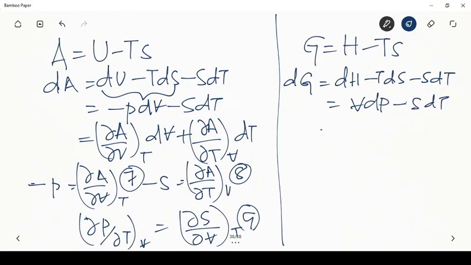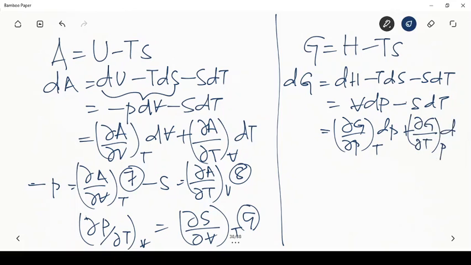So this will also be equal to del G by del P at constant T dP plus del G by del T at constant P dT.